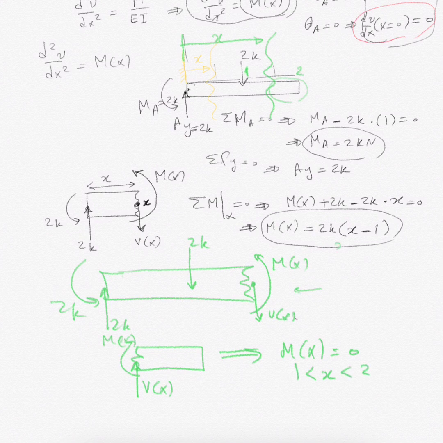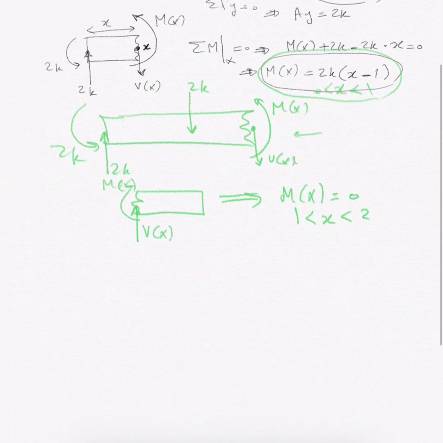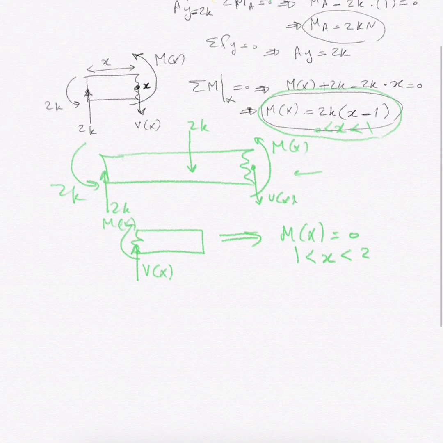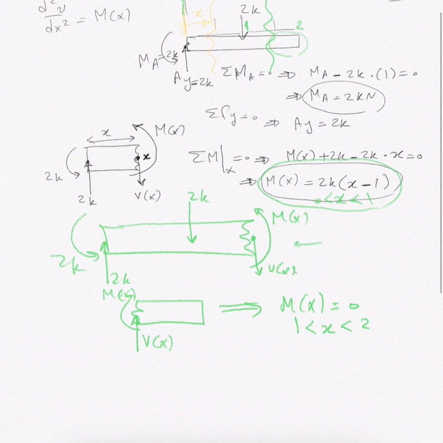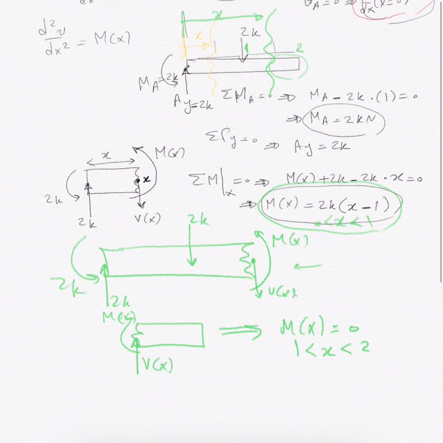So for x between 0 and 1, this is my relation. For x between 1 and 2, my moment is 0. So in fact, if I want to draw the moment diagram for that, let's use red. If I want to draw it right here, on top of that right here, okay? Between 0 and 1, I have this curve right here. So if I substitute the number here at x equals 0, I get negative 2k.